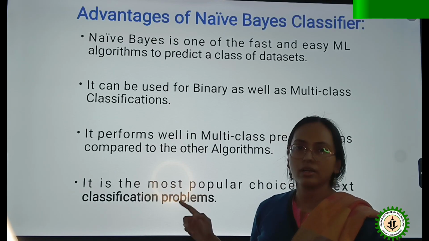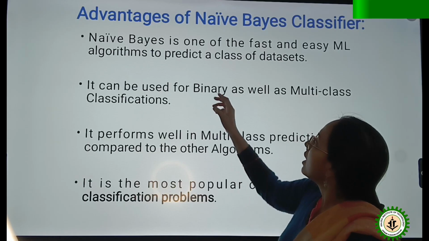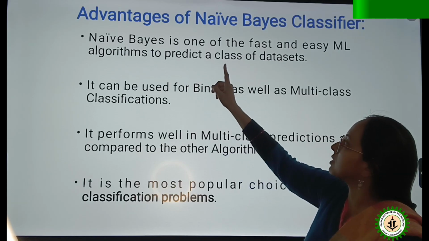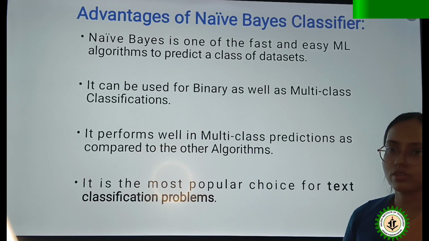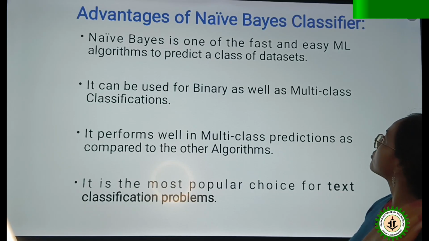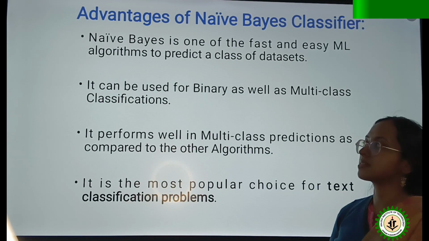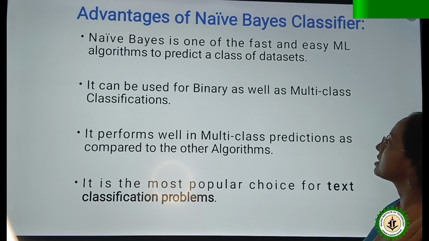I hope you understood the concept and how to solve the numericals as well. The next slide focuses on the advantages and disadvantages of naive Bayes. Advantages of naive Bayes classification: it is one of the fast and easy ML algorithms.